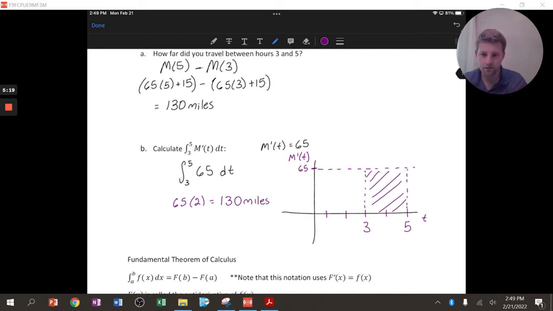So we have the same idea going on, that the integral here of the velocity function, or the area underneath this velocity function, is the same as the total distance traveled between our two endpoints.